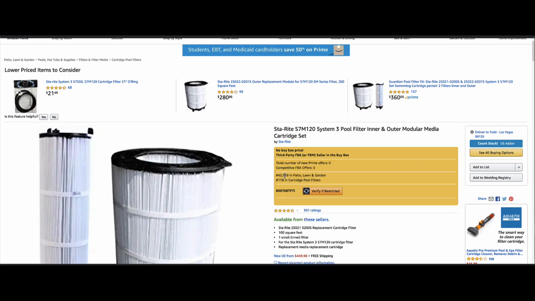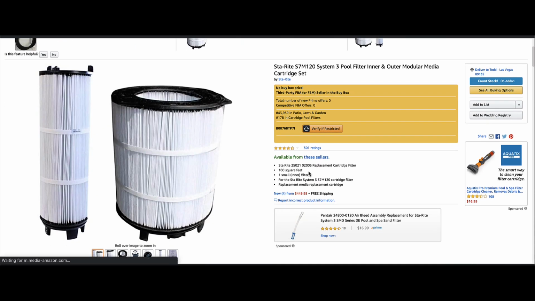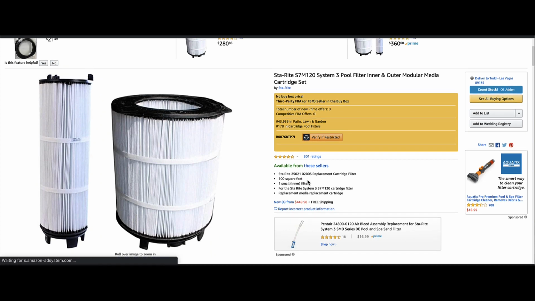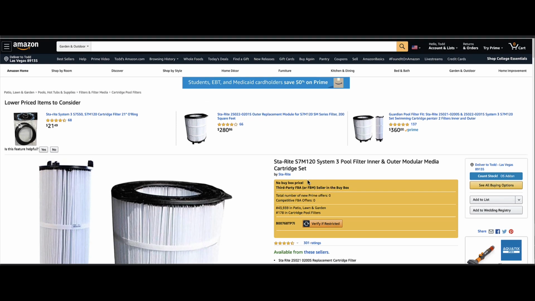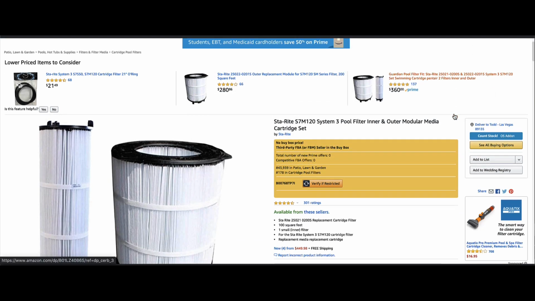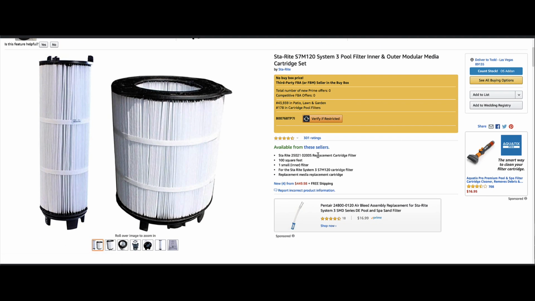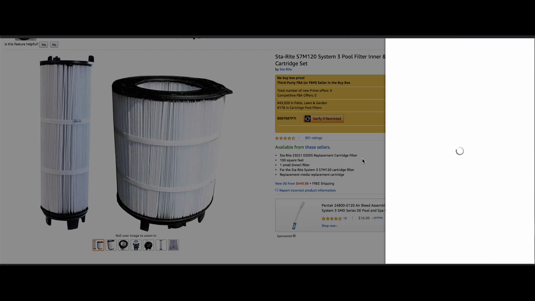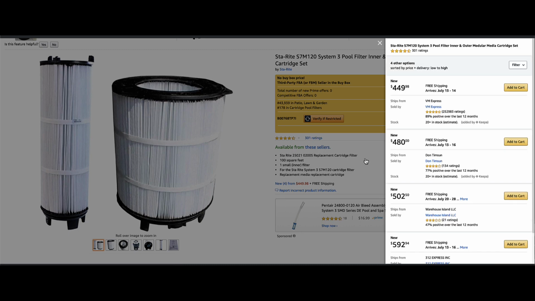All right, this one is the 100 square foot. And while we're on here, 100 monthly sales. All right, so what's interesting is there's no buy box here. You'll see it's a suppressed buy box. Maybe these guys are charging too much. It's hard to say.